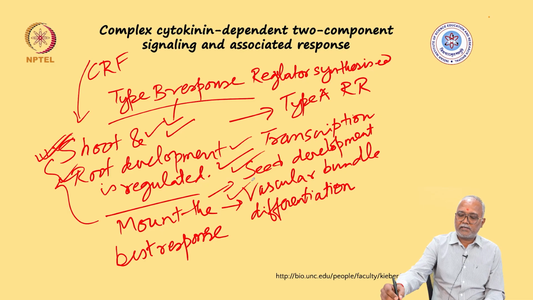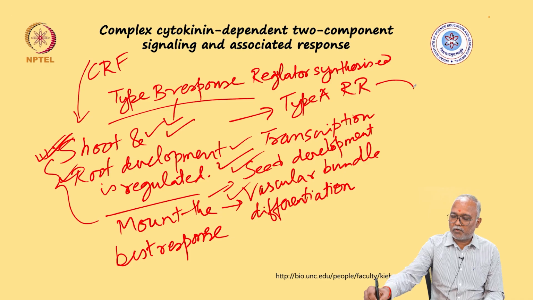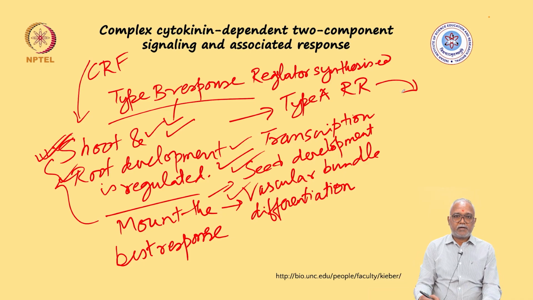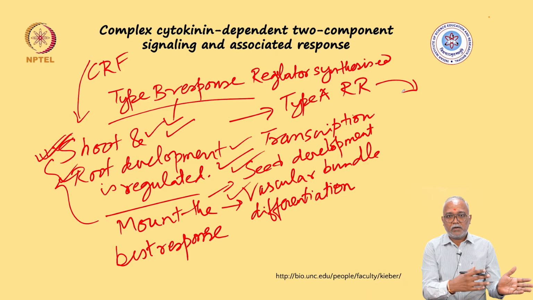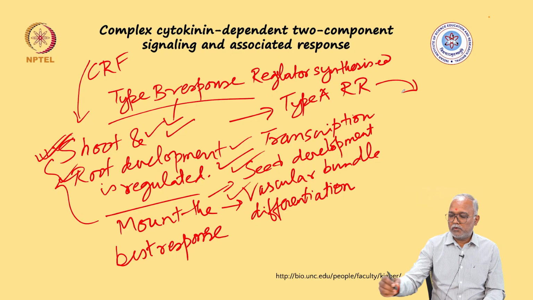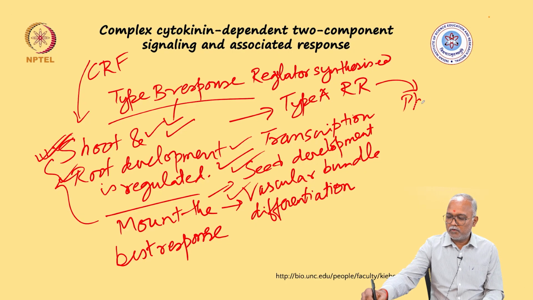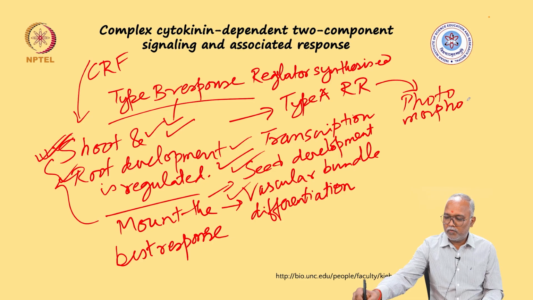One thing which I started telling you about is the type A response regulator. These are generated and they are shuttled into another response which we call the photomorphogenic response.